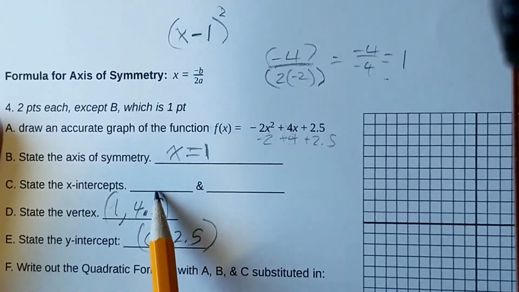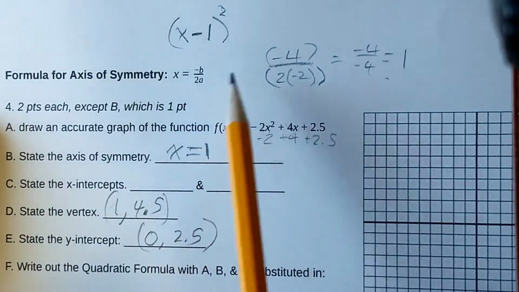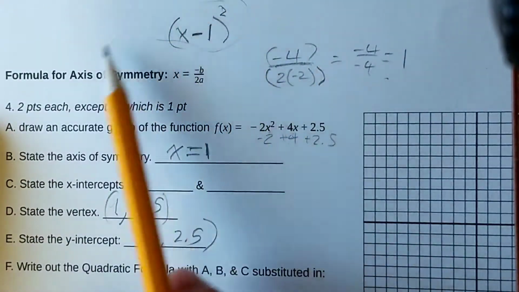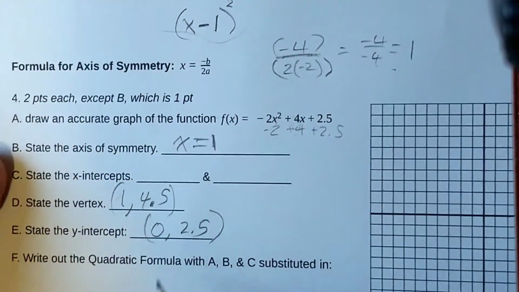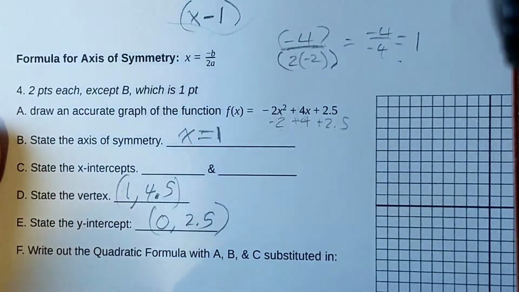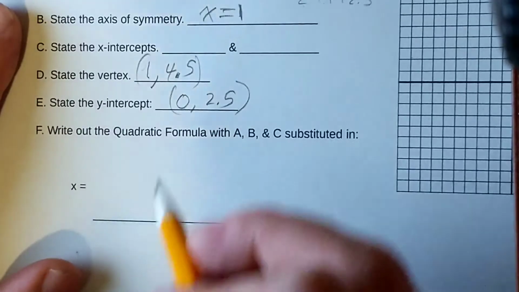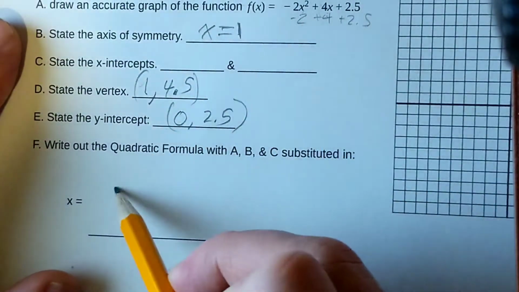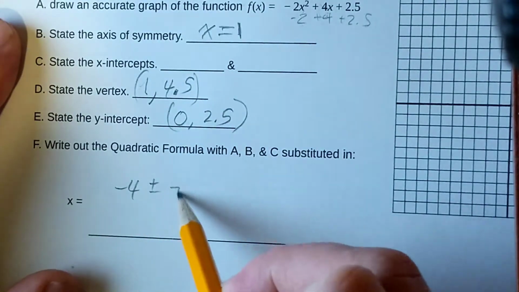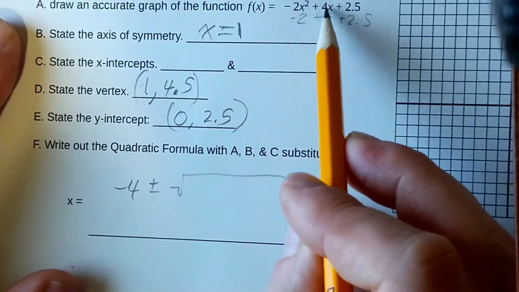To get the x-intercepts, we could either keep going with this, pack it up like a square, and take square roots. I don't want to factor this, so we're going to use the formula. Negative b plus or minus the square root of b squared. I just do this in my head.